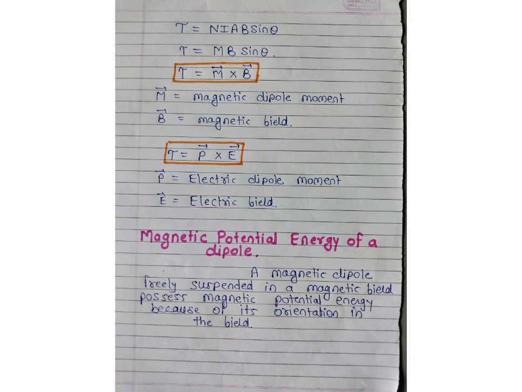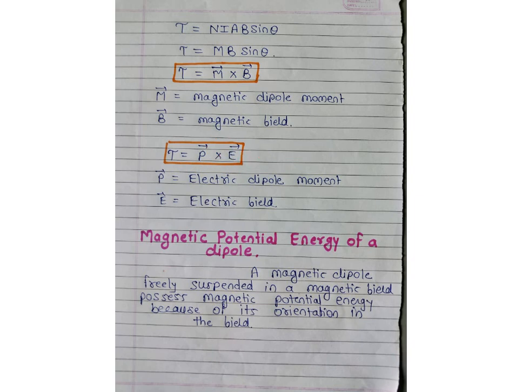Similarly, tau can also be written as the cross product of vector P and vector E, where P is the electric dipole moment and E is the electric field. So in a magnetic field, tau is equal to M cross B, and in an electric field, tau is equal to P cross E.